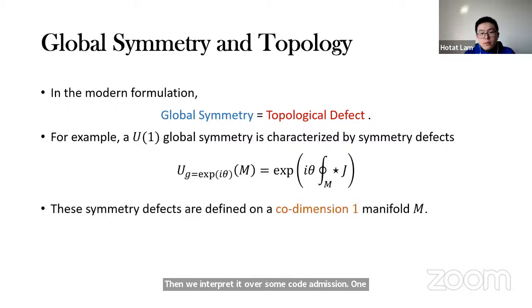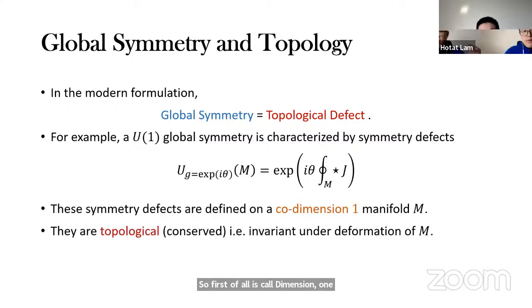And this defect has several properties. First of all, it's codimension 1, which I already mentioned. The second property, which is crucial, is that these are topological defects. When I say the defect is topological, what I mean is that if this defect is in some correlation functions, it's fine to deform the underlying manifold M of the defect without changing the correlation functions, unless the manifold crosses some local operators.